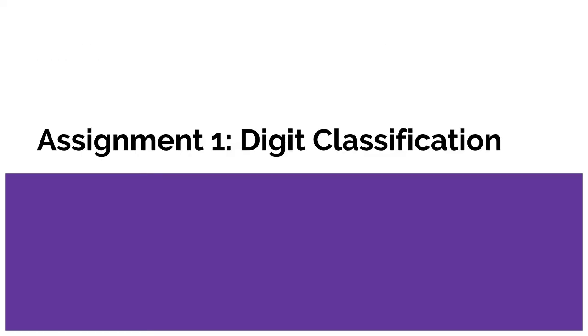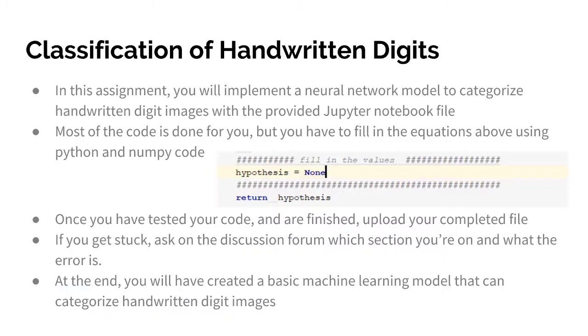So having all that said, finally, let's try to do an assignment with digit classification that I've been talking about throughout this presentation. In the homework assignment, you'll be implementing a neural network to categorize handwritten digit images with the Jupyter file. I've left most of the implementation in there, so there's not much you have to implement aside from the hypothesis function.